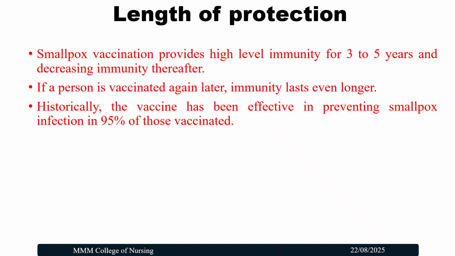Receiving the vaccine: it is given using a bifurcated, two-pronged needle that is tipped into the vaccine solution. The pricking of the skin will cause a sore spot and 1 or 2 droplets of blood to form. The vaccine usually is given in the upper arm. If the vaccination is successful, a red and itchy bump develops at the vaccine site in 3 or 4 days.